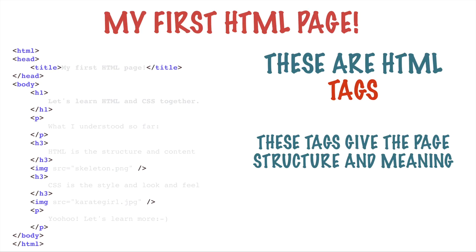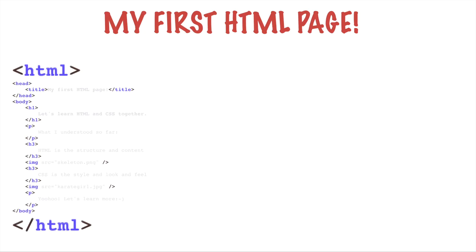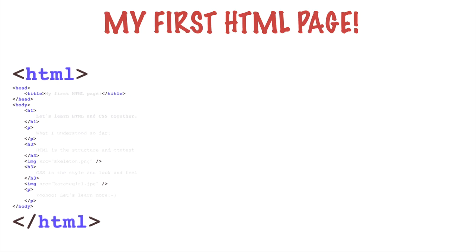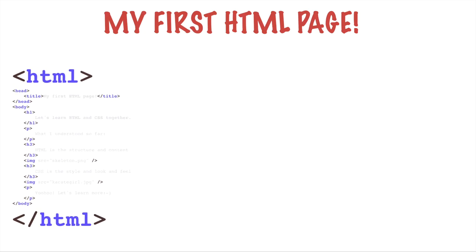In fact, the entire contents of the HTML page are enclosed between a pair of tags, and these are the HTML tags that you see on screen now. One note, every time you see an opening tag, like that HTML highlighted bit, it needs to have a corresponding closing tag, and the corresponding closing tag indicates that it is the closing tag by starting with a slash.